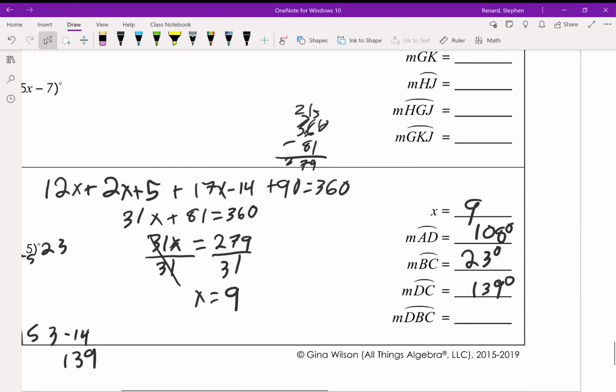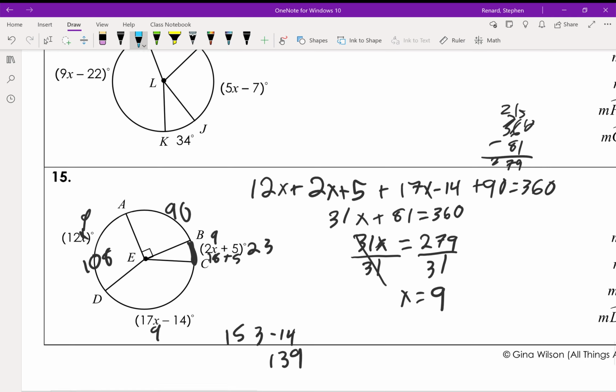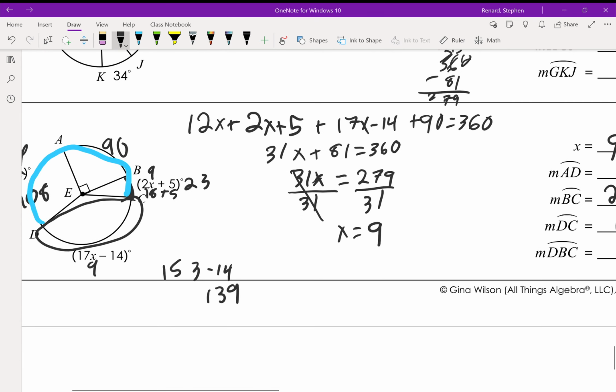And then we have DBC. So DBC goes from D to B to C. So all that's left out of this is this portion right here, which we know is 139 degrees.